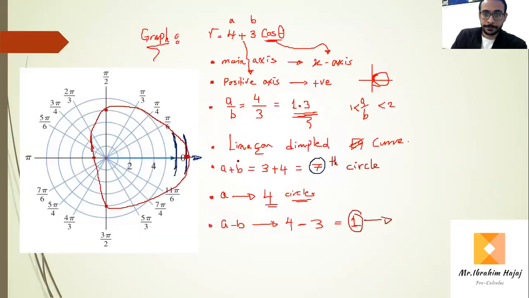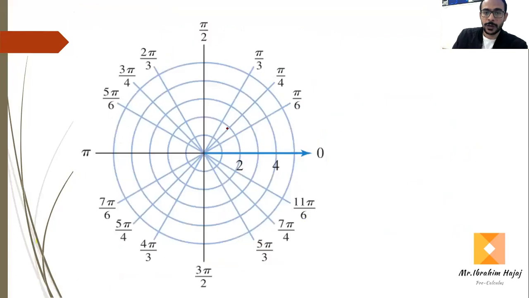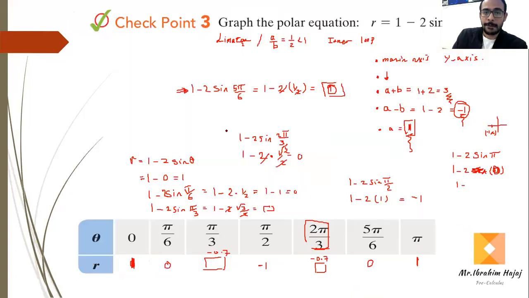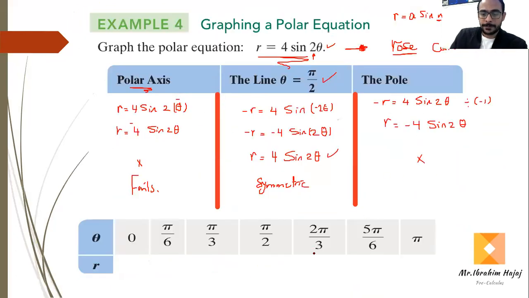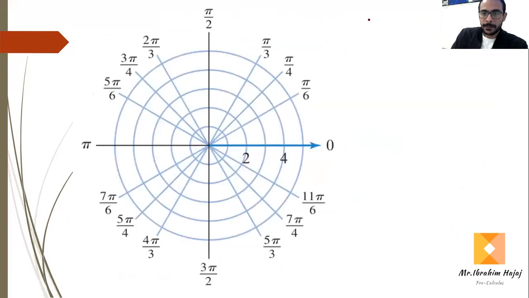So let's move to our question, example 4, and solve it with our steps. First step, A equals 4, since the equation is r equals 4 sine 2 theta.